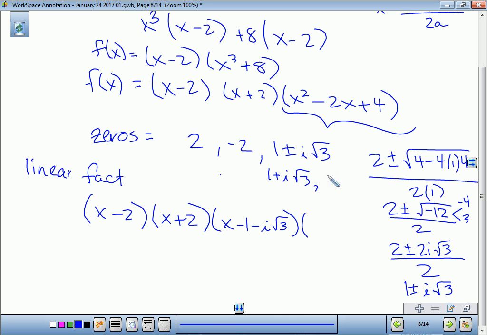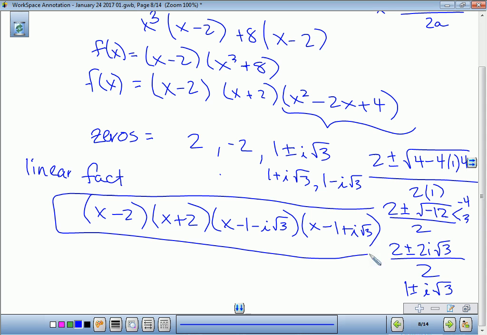And then the other one is x minus 1 minus i root 3, which becomes x minus 1, but when we distribute the negative, it becomes plus i root 3. There it is. The complete linear factorization.